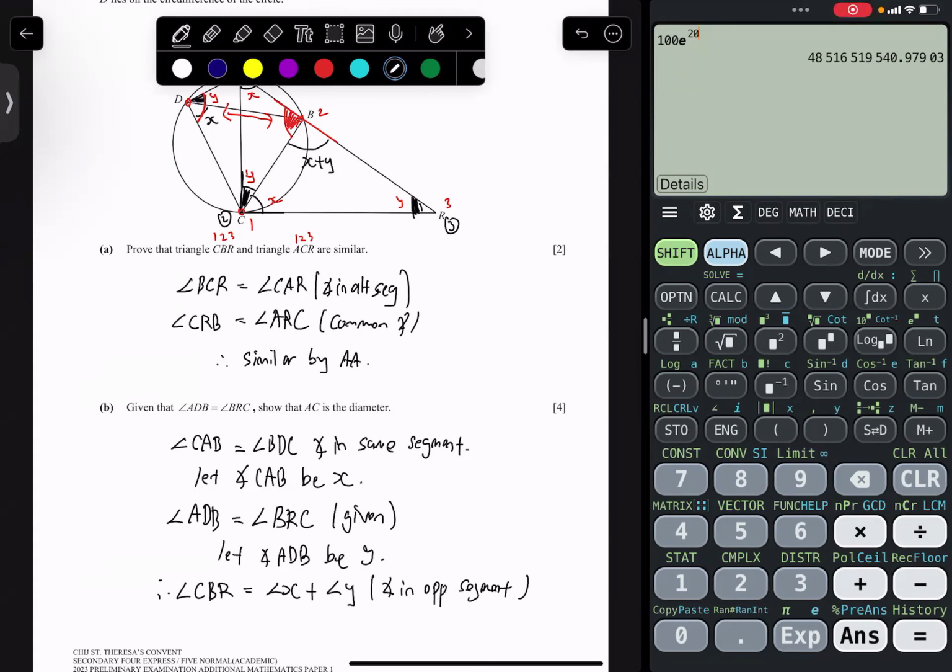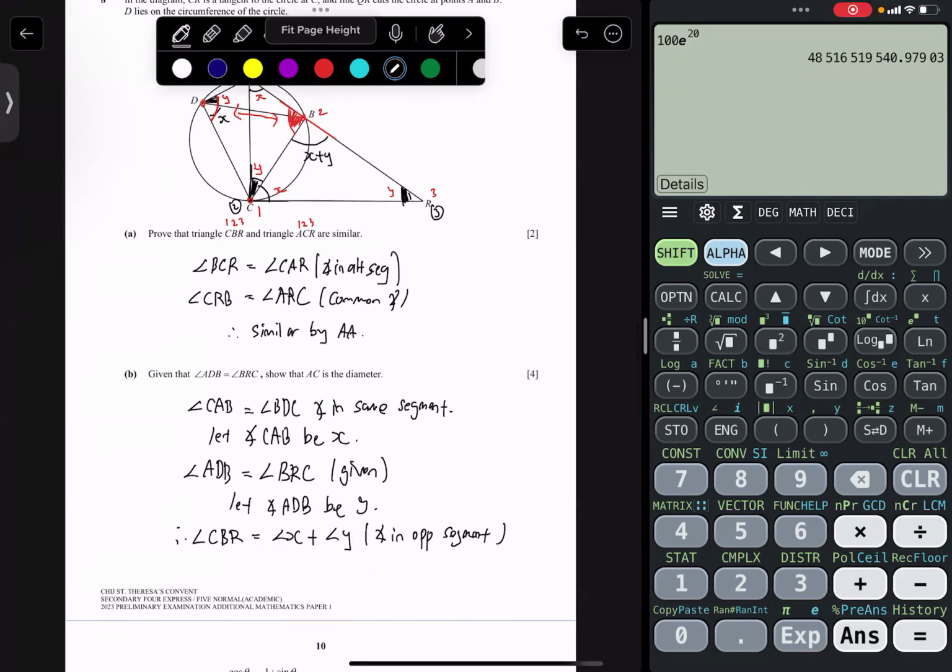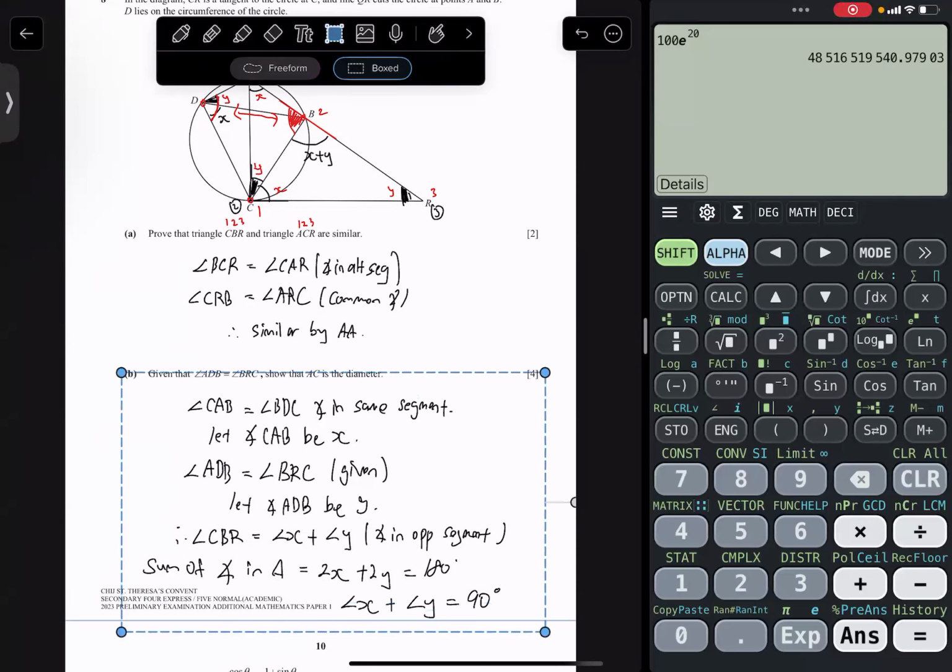Then we have sum of angles in triangle: 2X plus 2Y equals 180. So angle X plus angle Y equals 90 degrees, because we just divided by 2.